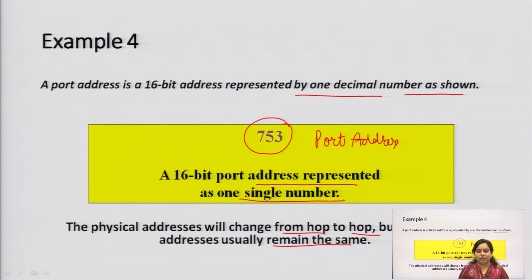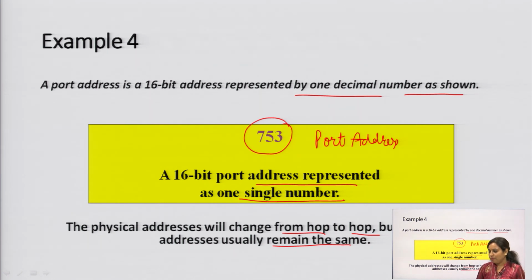Two hexadecimal digits are separated by a colon sign. Then we saw how the logical address and port address come into the picture. Port address is associated with every application or process running on device A or device B, and how this data will be transmitted.